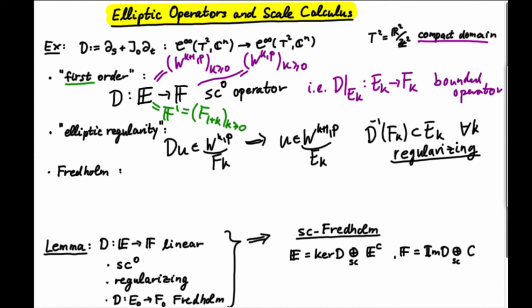Now I could also go ahead and state the fact that these things are Fredholm in all k and p's, but instead let me just say that they're Fredholm on W^{1,p} to L^p.